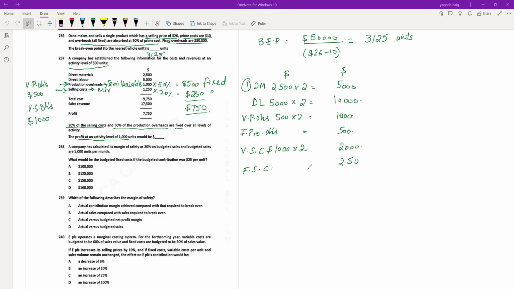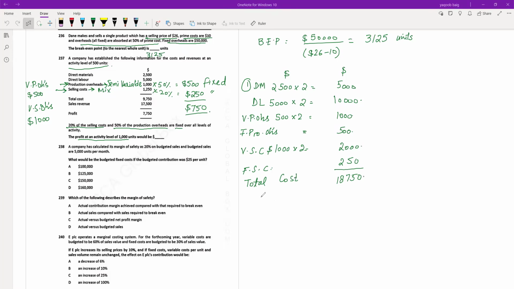So first we will add up all these costs. 5,000 plus 10,000 plus 1,000, 500, 2,000 and 250. 18,750 is total cost.